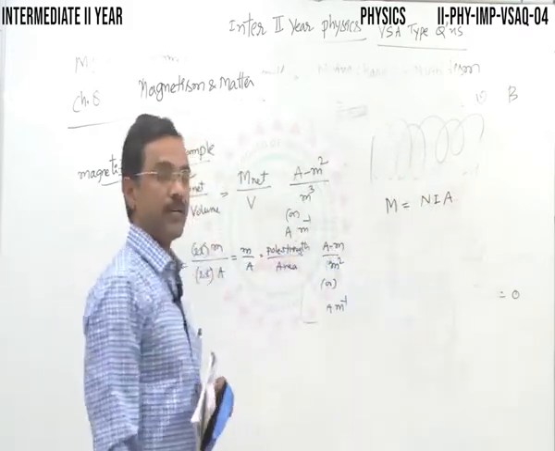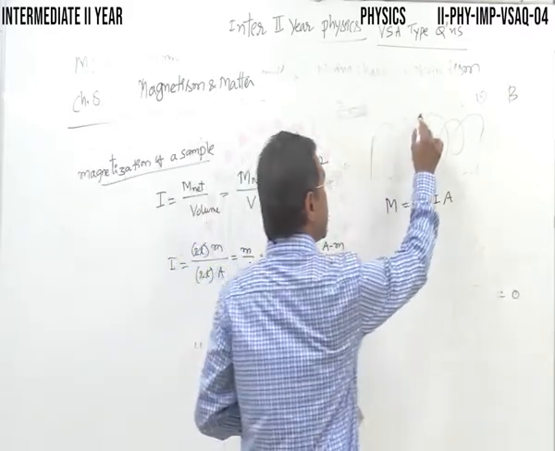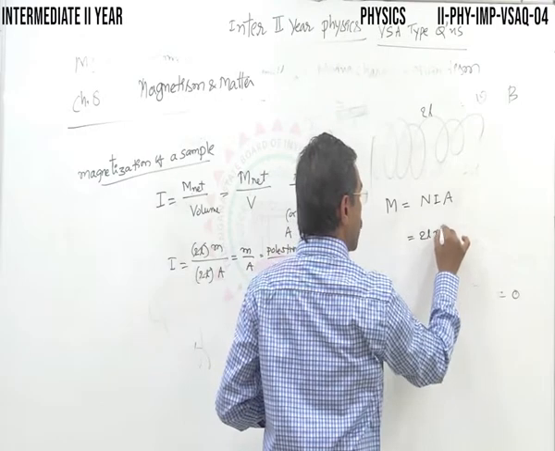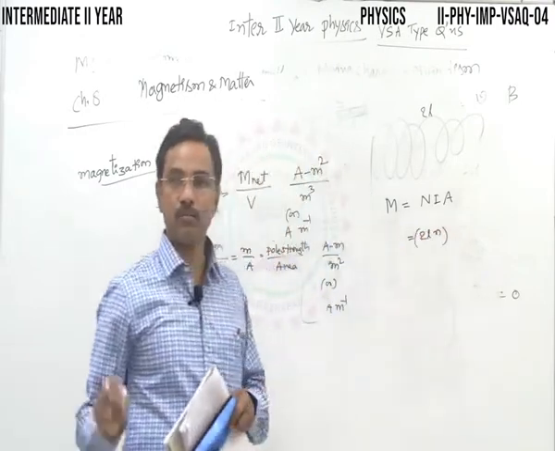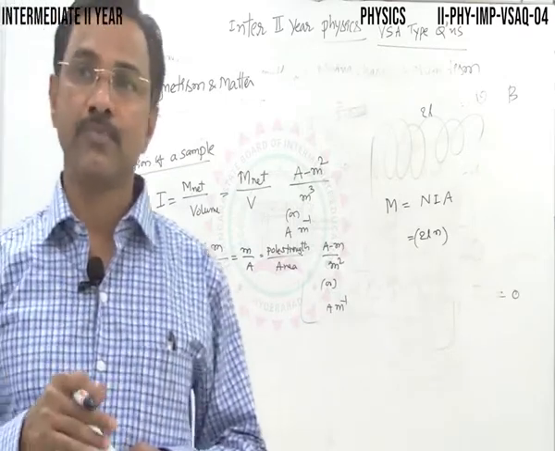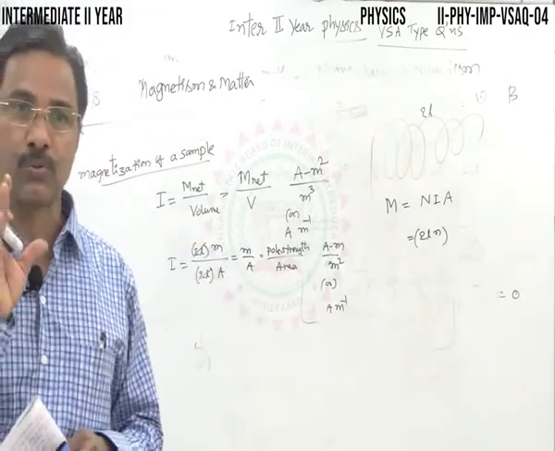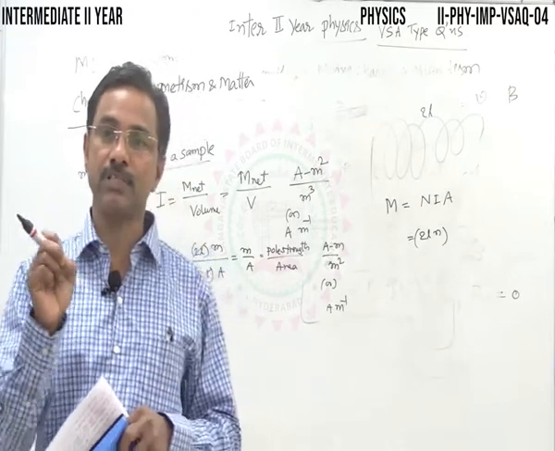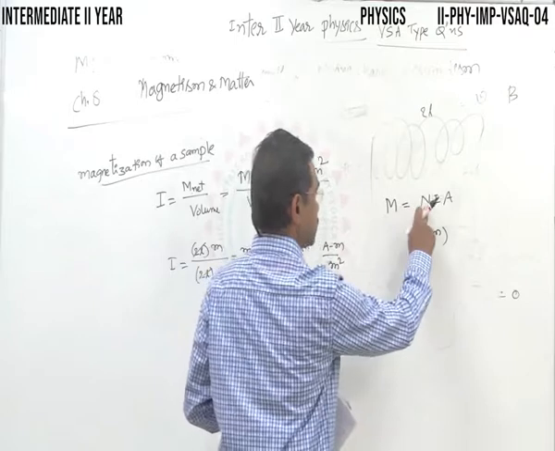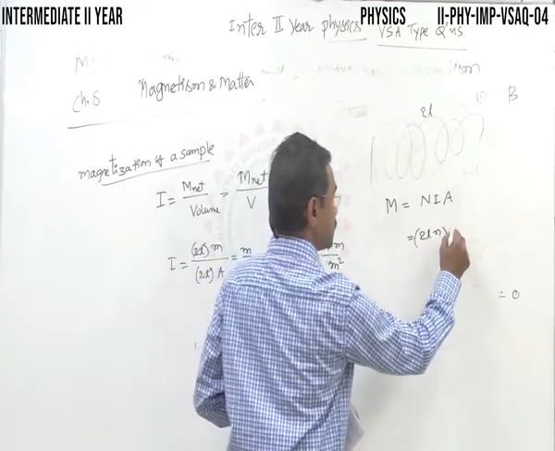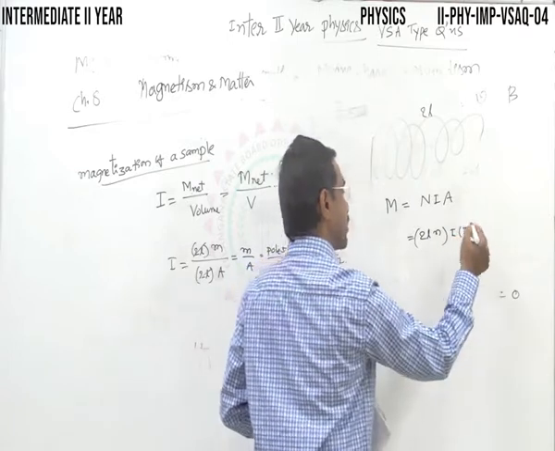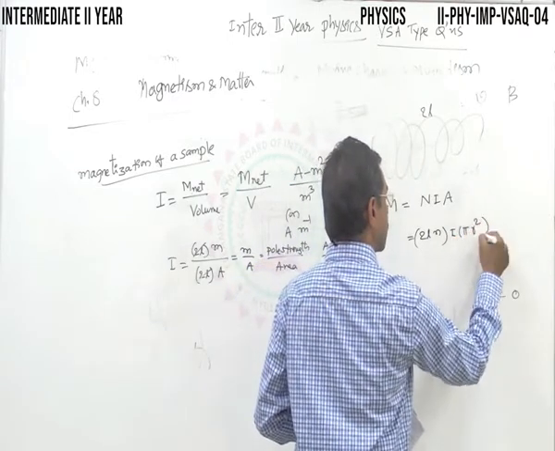If the solenoid has length, let us say, 2L, and small n denotes the number of turns per unit length. Be careful here. In case of a solenoid, if you take the length of the solenoid as 2L, then small n represents the number of turns per unit length, and the total number of turns, capital N, is 2Ln. Then A is pi a square or pi r square, whatever you want, you can write it.